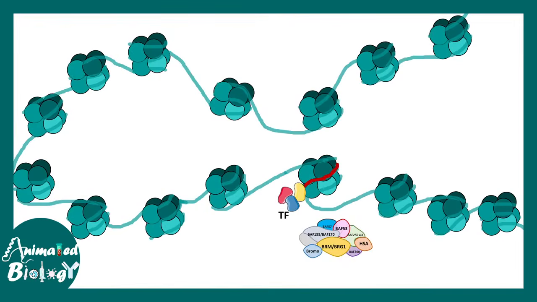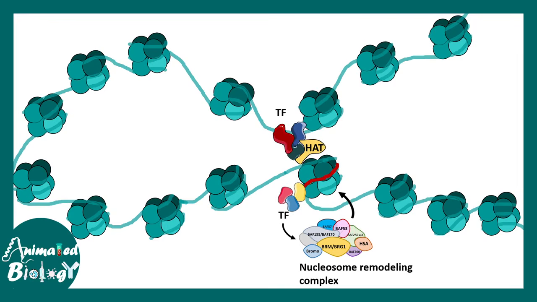So imagine in a 3D chromatin, there is a transcription factor which cannot gain access, so it takes help from the nucleosome remodeling complex, which can now change the chromatin accessibility. Also, that specialized transcription factor can interact with, let's say, histone acetyltransferases, which can modify the histones in these nucleosomes.